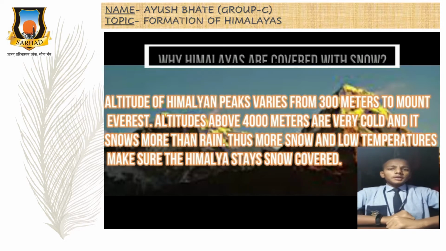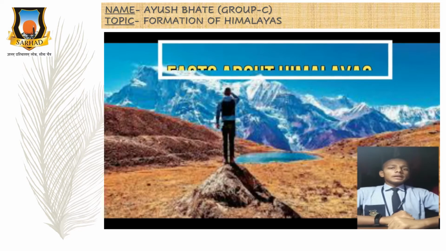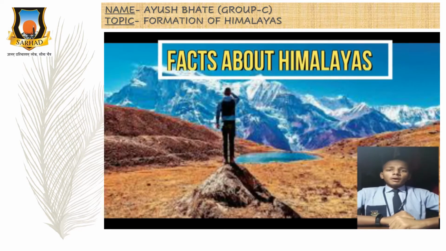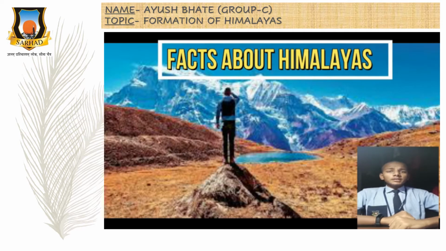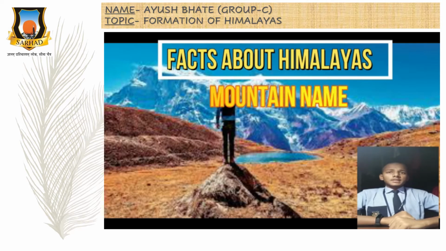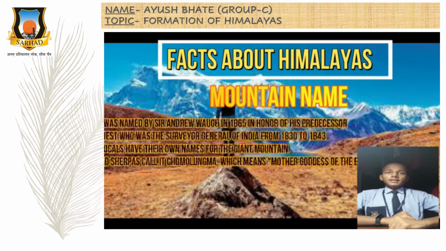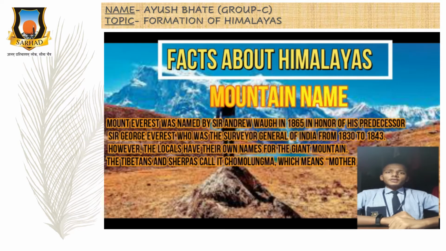Now let's get towards some interesting facts about Himalayas. As you all know, Mount Everest is a part of Himalayas, but have you ever thought who named this peak Everest? The Mount Everest was named by Sir Andrew Waugh in 1865 in honor of his predecessor Sir George Everest, who was the Surveyor General of India from 1830 to 1843.